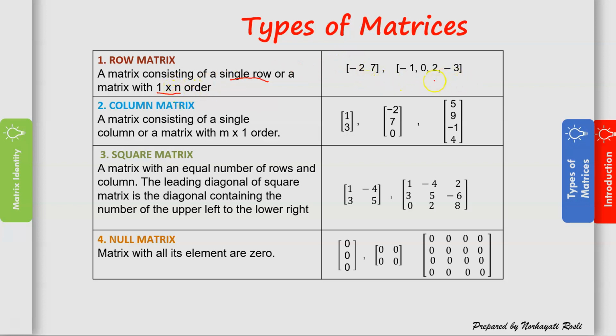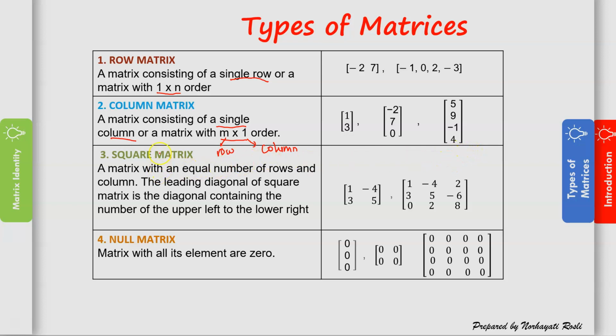This is an example of a row matrix. And then we go to the column matrix. It is the opposite of a row matrix, because a column matrix consists of a single column, with m times 1. So here the row can be any number, but the column should be equal to 1. So these are examples of the column matrix.